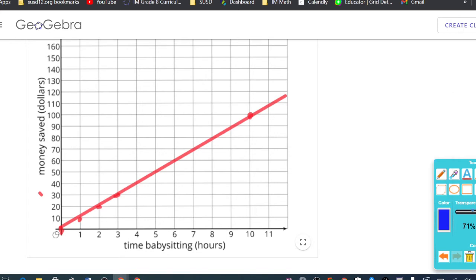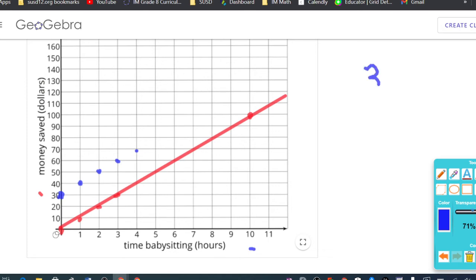Now he has $30 to begin with, so you start right here. And he gets $10 an hour, so after 1 hour, he's going to have $10 more, $40. After 2 hours, he has $10 more, $50, $60, $70. And how much he has keeps on increasing. How much will he have after 10 hours?